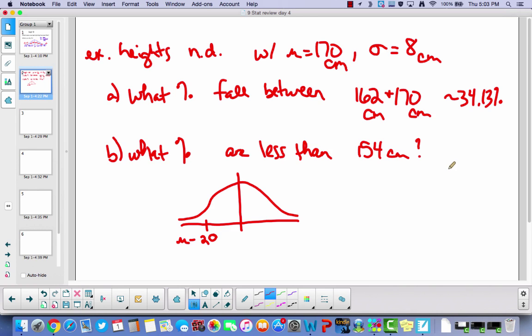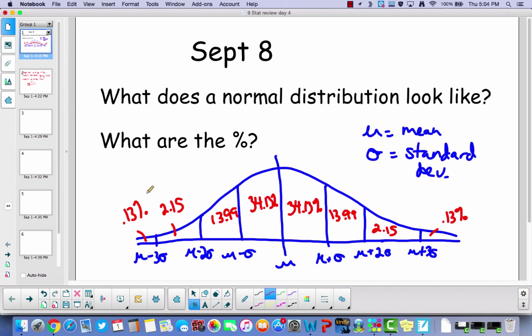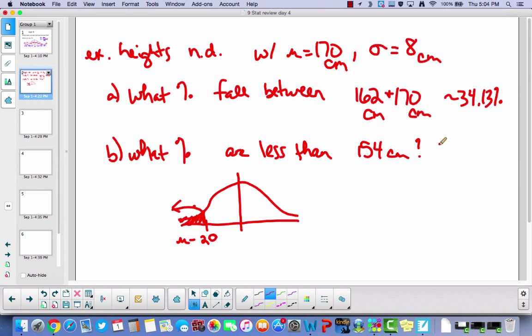I want less than that, so I want this piece down here, don't I? Not these two pieces together, but I want all of this stuff here. So it would be these two being added together. So that would be approximately 2.28%. Very small amount.